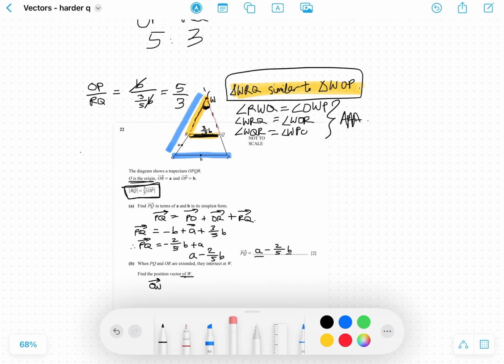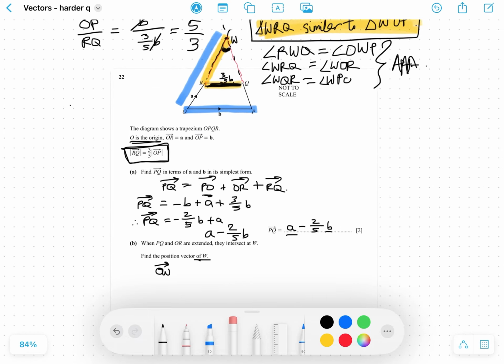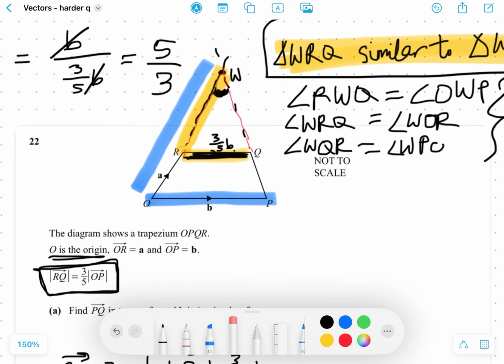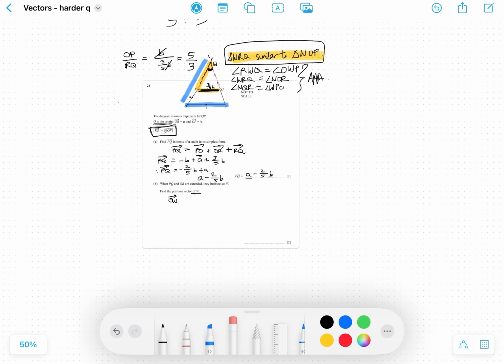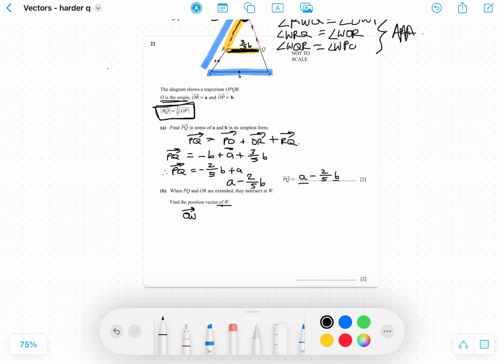Sorry, let me rephrase this. So RW is 3/5 the length of OW.